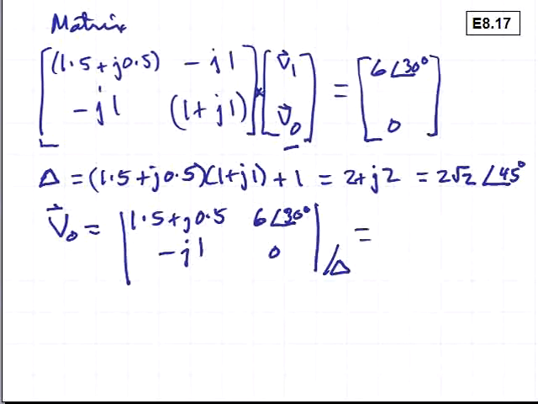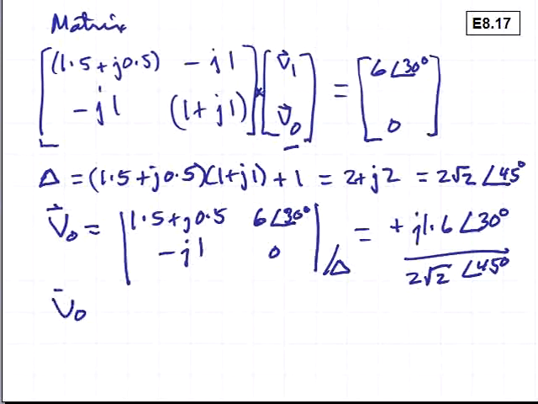And this is equal to plus j 1.6 at an angle of 30 degrees divided by 2 square root of 2, angle of 45 degrees for the delta determinant.